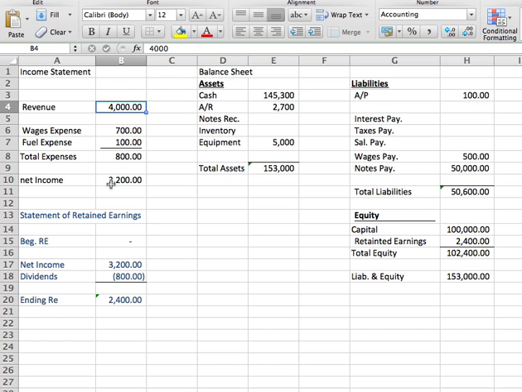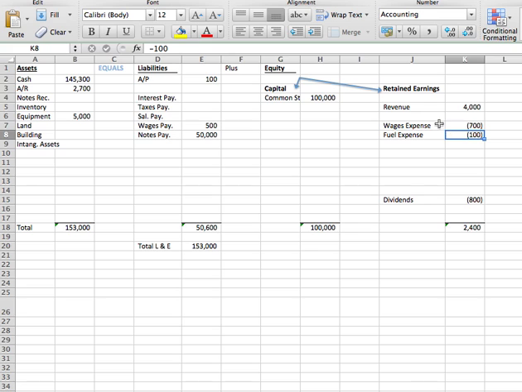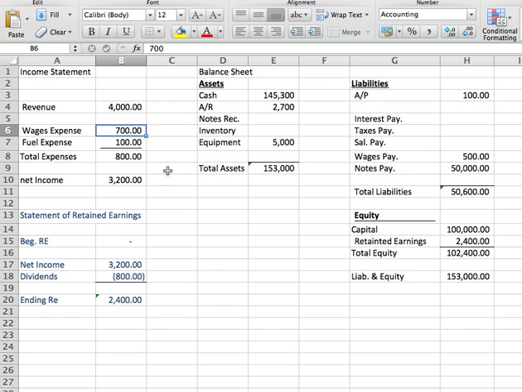A couple of things I'd like to point out about this. Number one, notice how the expenses, even though they reduce my retained earnings, for presentation purposes, they're not in negative. Why? Because readers will know that expenses subtract from revenue to get to net income.